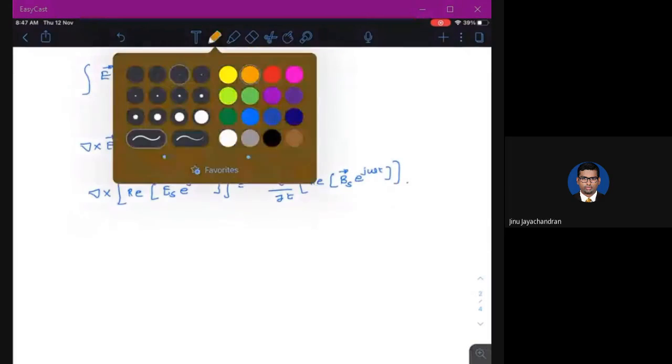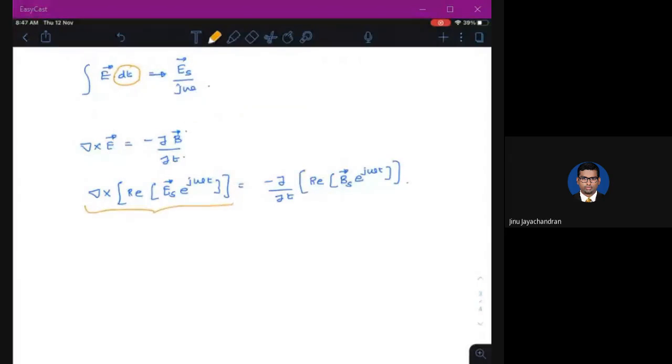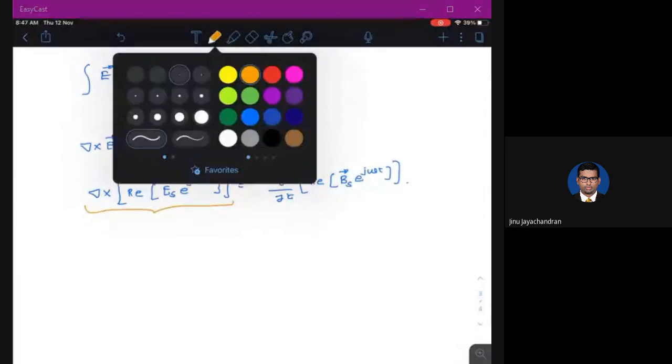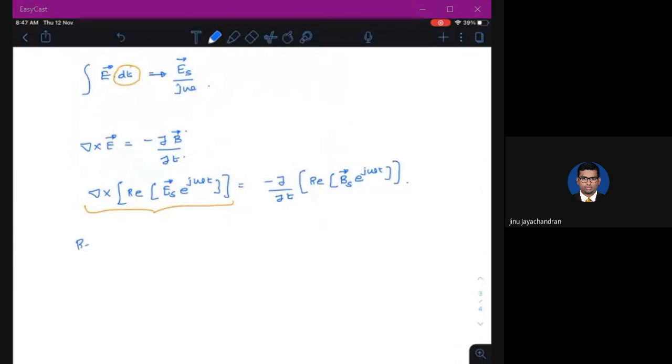Now this term I can take del inside. So the real part of the del cross vector is equal to the real part of del cross of the vector. I can write this as the real part of del cross Es into e raised to j omega t.